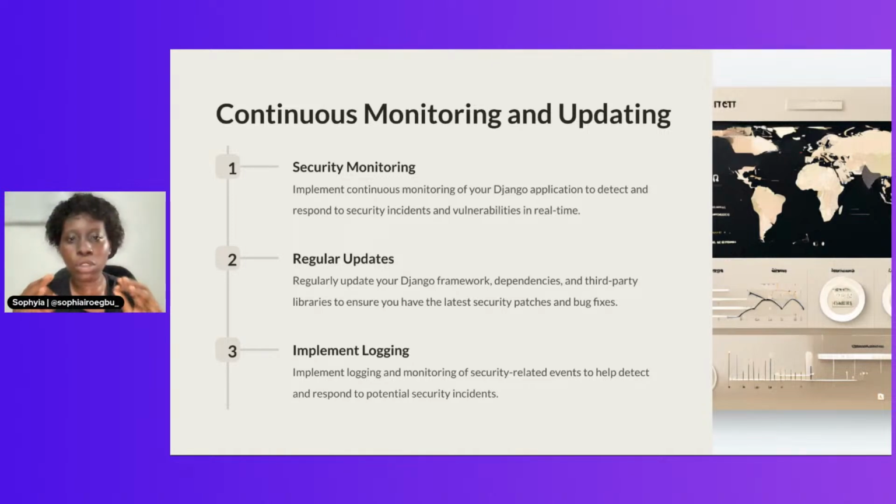Why? Because whenever there is a latest update on that library or package, it comes with bug fixes and security patches that cannot be easily exploited. So when you update this stuff, it helps prevent any attacks in the future.